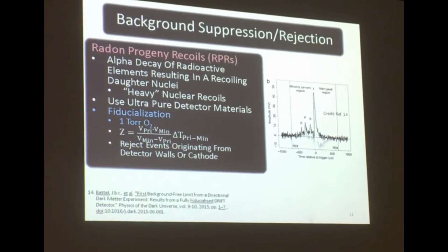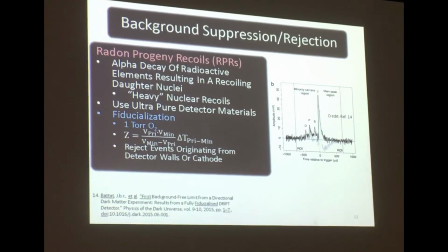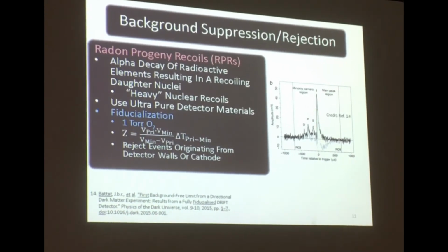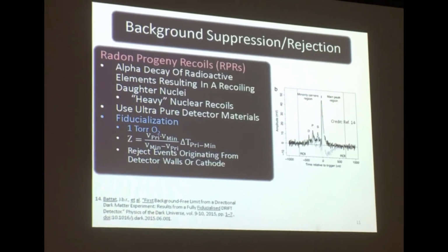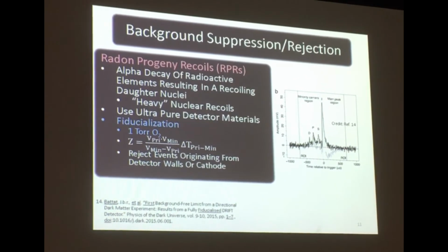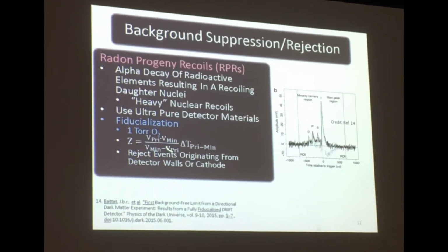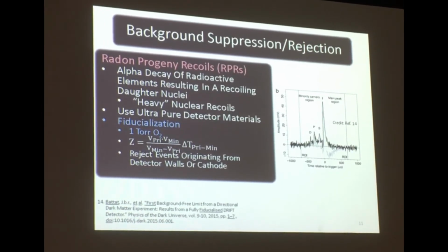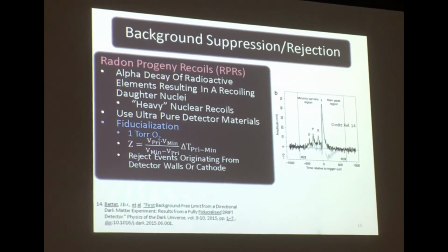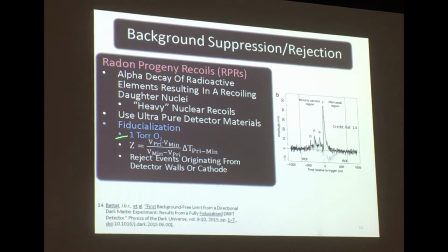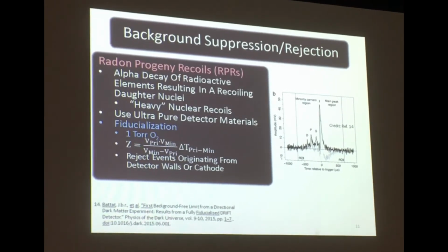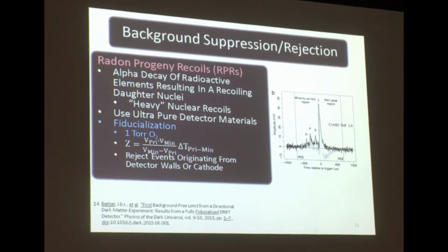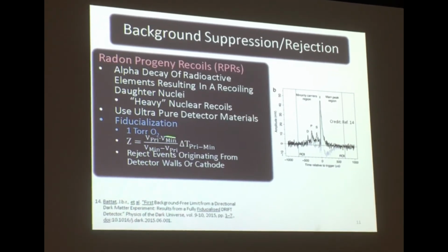This is the primary CS2 minus negative ion part of their signal, and when they add oxygen, they get these minority species that show up. Fiducialization is based on the relative timing of these peaks with the primary peak. You can derive where along the drift dimension the event occurred, and I call that Z.